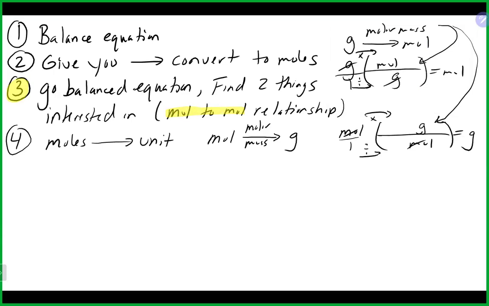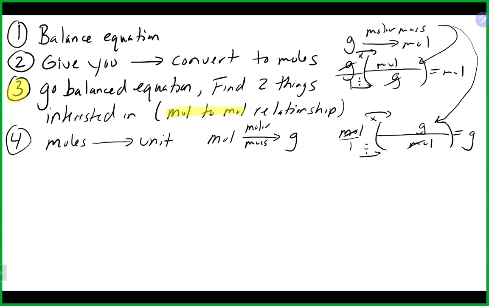On the back end, it depends on what they want you to leave your answer in. If they want moles, you can leave it in moles. If they want grams, you have to do that last step, or whatever it may be. But leading into step number 3, which is really the stoichiometry part of the calculation, whatever number they give you has to eventually end up in moles before you do that step.